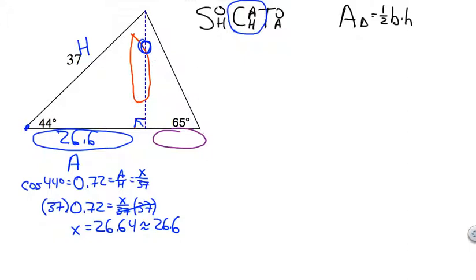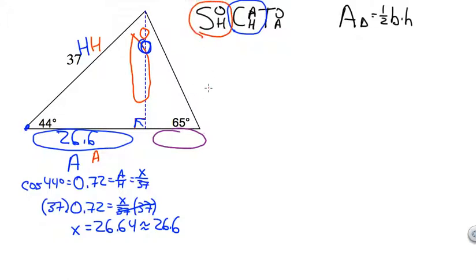When I look again, this is going to be the same triangle, so this is still going to be my H, this is still going to be my A, and this is still going to be my opposite over here for my 44 degrees. And this time, however, I'm using O and H, so I'm going to end up using sine.